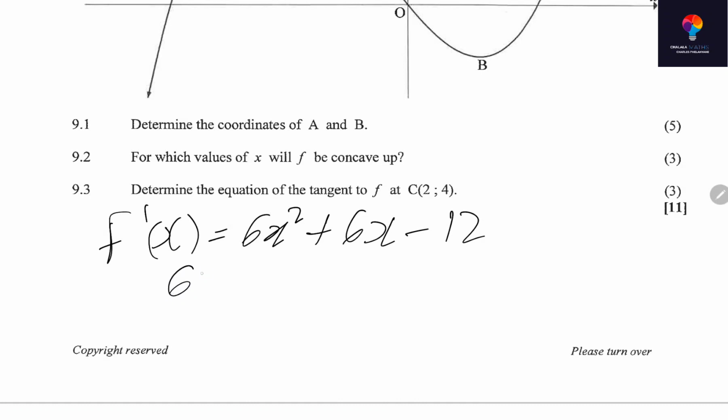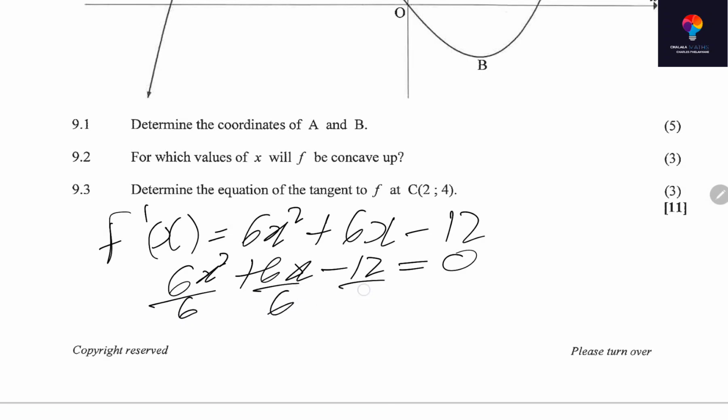Therefore, we can have 6x squared plus 6x minus 12 is equal to 0. Therefore, when we simplify it, divide everything by 6. What you did on the left side, you must also do on the right side. Then x squared plus x minus 2 is equal to 0.